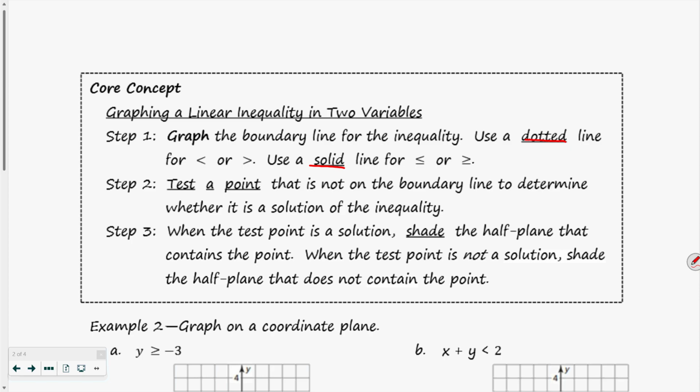That denotes whether points on the line are part of the solution or not. If points on the line are not a solution, we want to use a dotted line. If they are part of the solution, we would use a solid line. We're going to pick a test point that's not on the boundary line to determine whether or not it's a solution, and then we will shade that half plane where those points are solutions to the inequality.